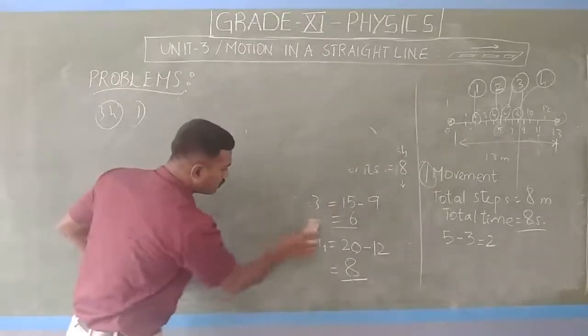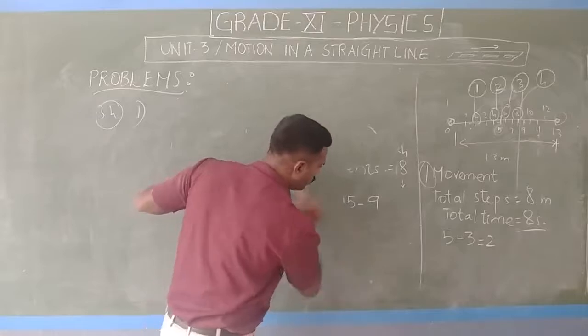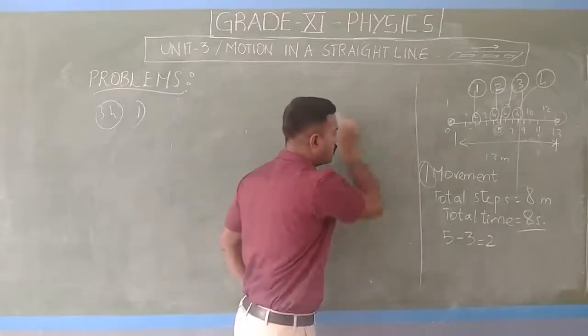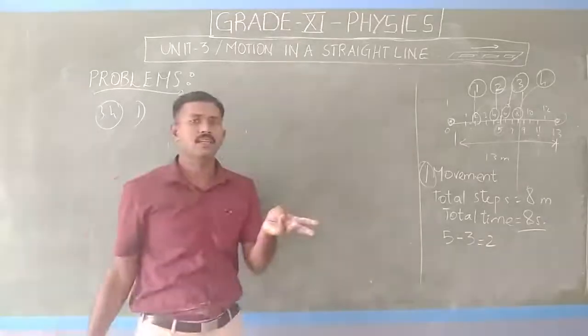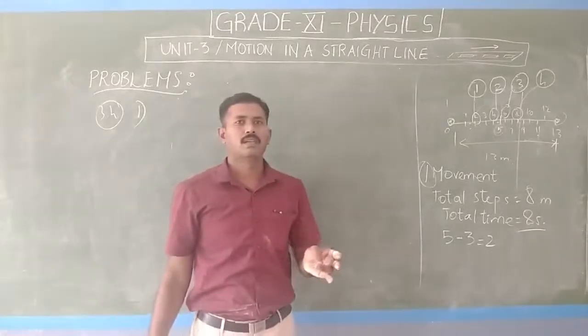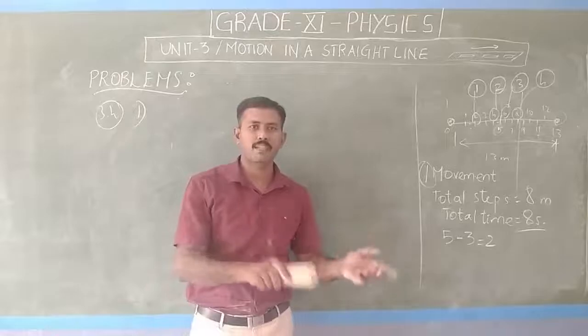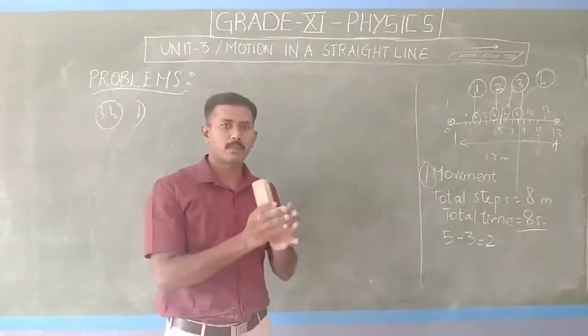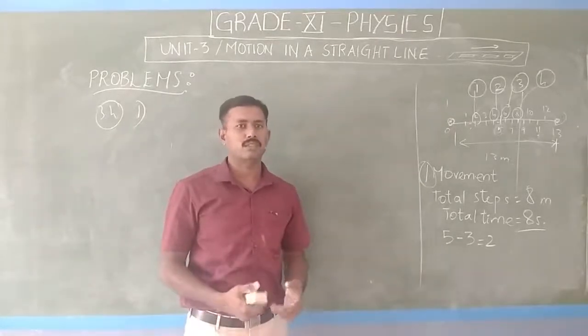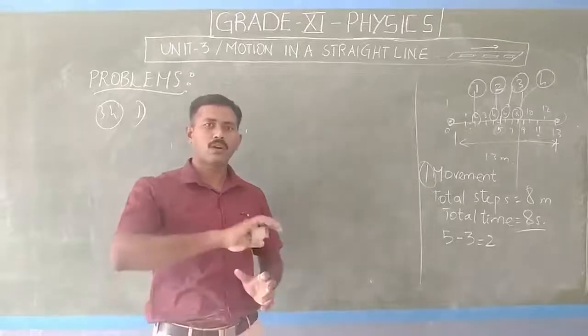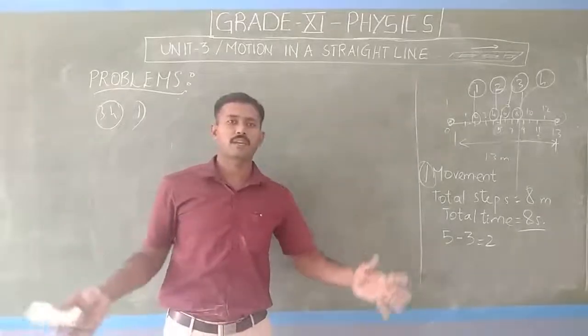Do remember the algebraic way of doing the problems. Revise some basic algebra formulas like (a plus b) whole square, a square plus b square, and (a plus b) into (a minus b) for simple calculation in physics. Do not rely on division and multiplication always.